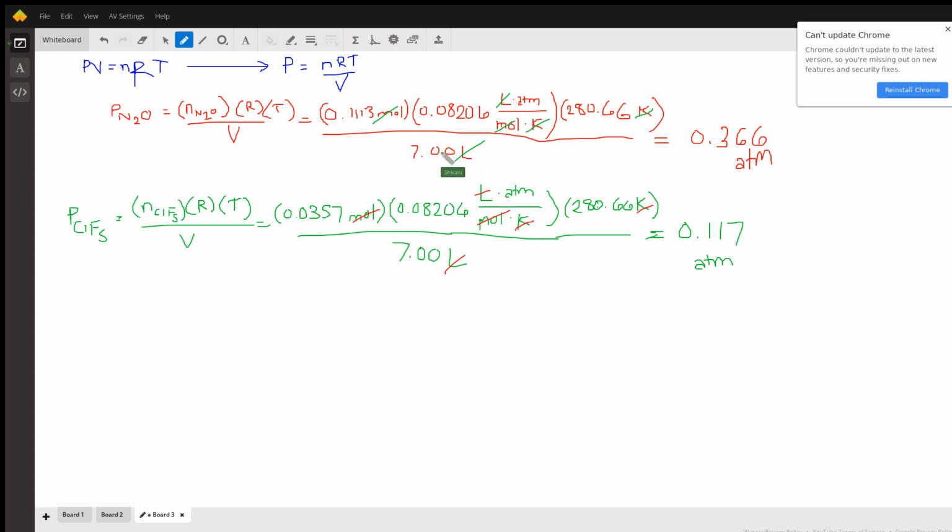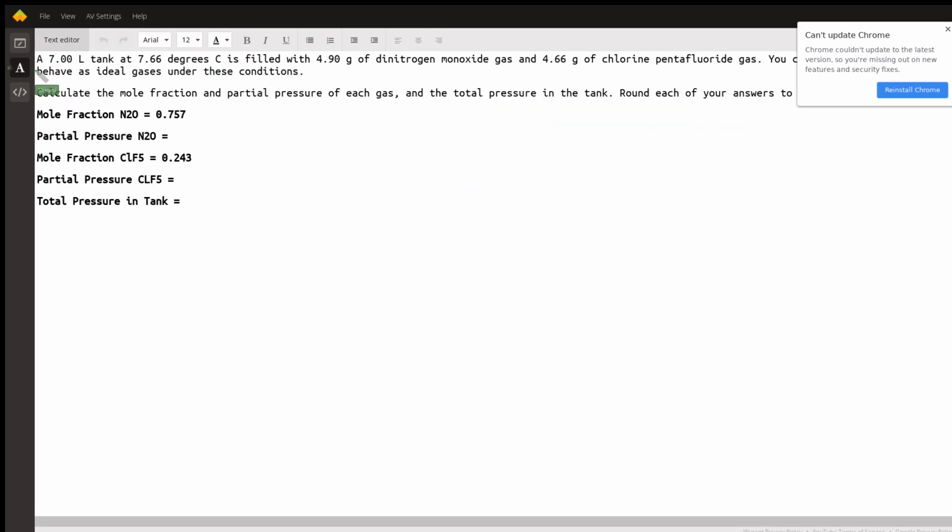All right, perfect. So our final answers in this case, the partial pressure of N2O was found to be 0.366 atmospheres. The partial pressure of the ClF5 was 0.117 atmospheres.